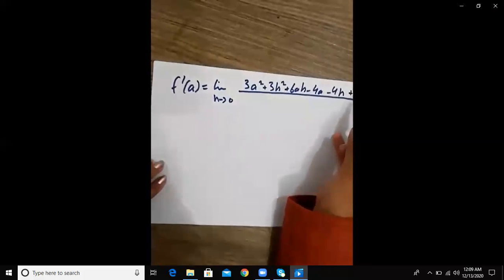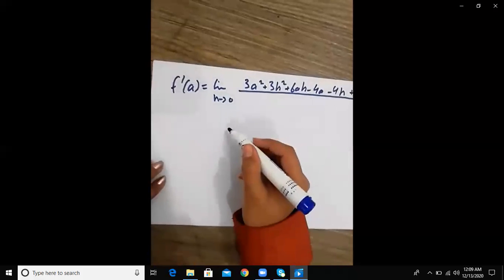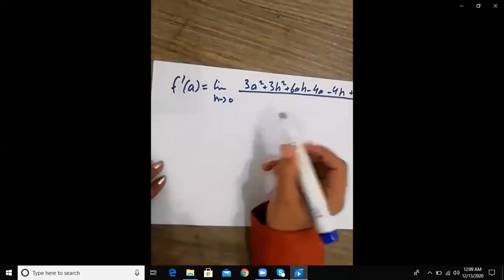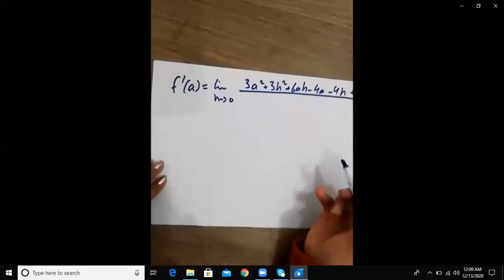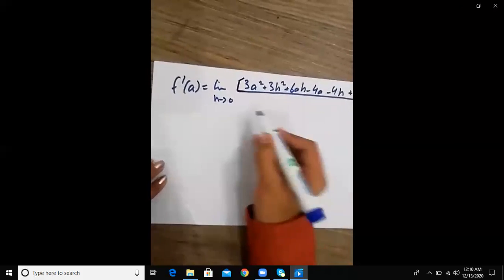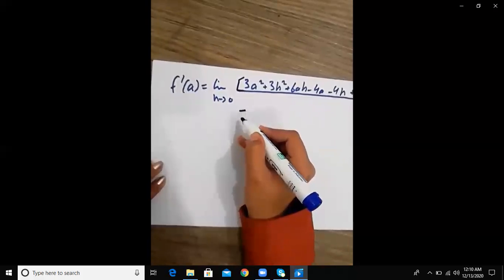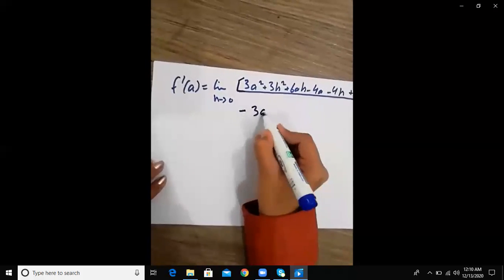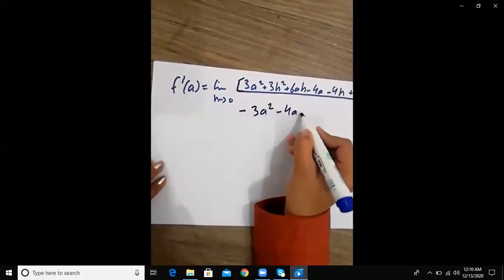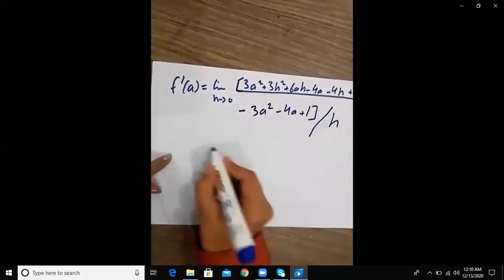This is f of A plus h, and minus f of A is minus 3a square minus 4a plus 1 whole, divided by h.